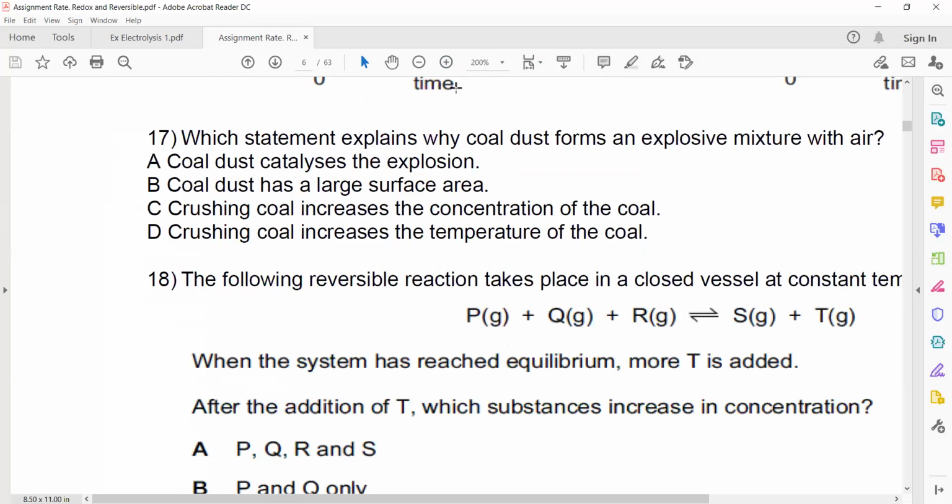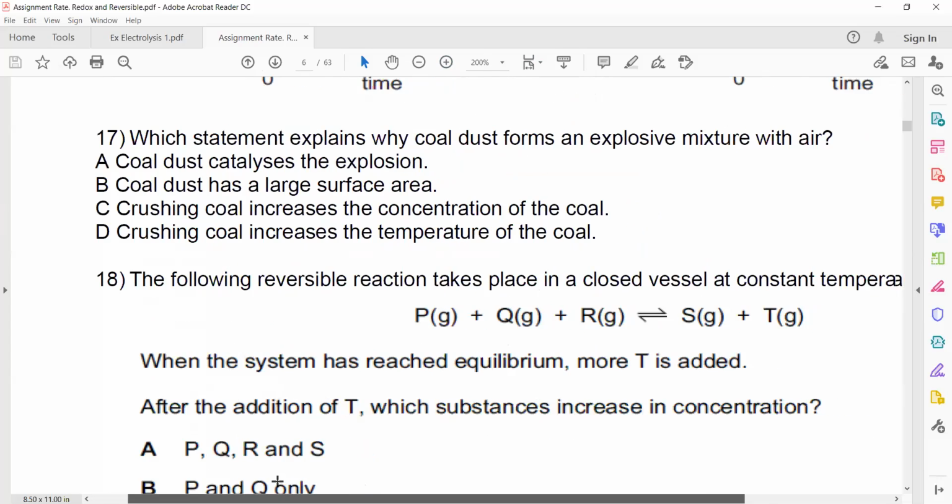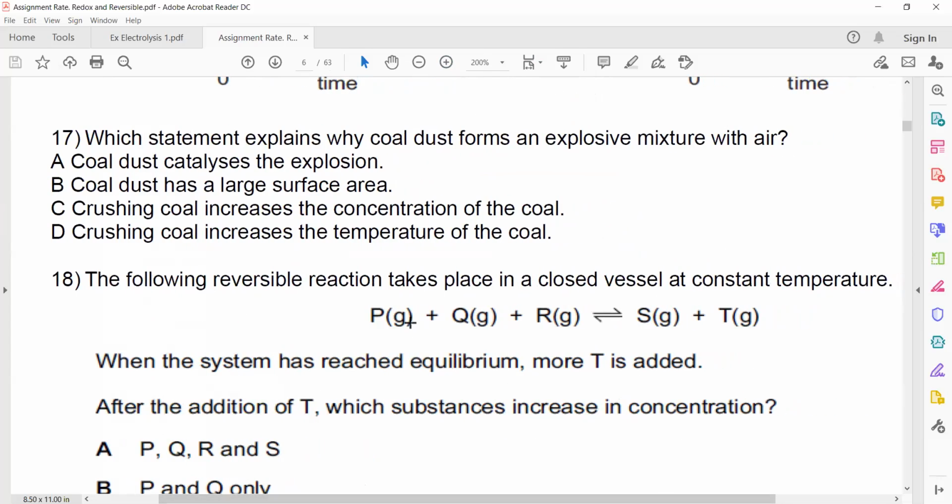Which statement explains why coal dust forms an explosive mixture with air? Like in coal mines, fine particles of coal are there. A small spark can ignite or burn these particles.